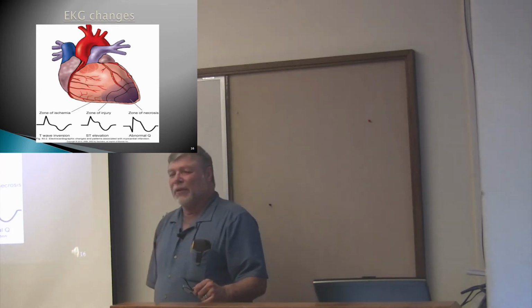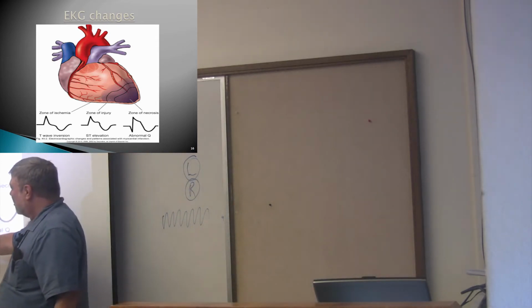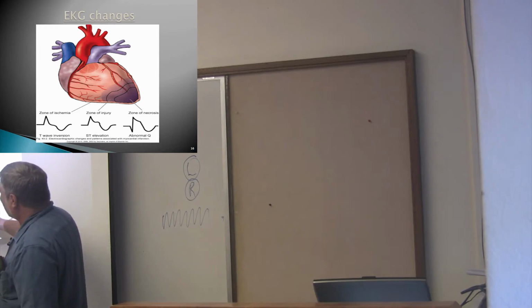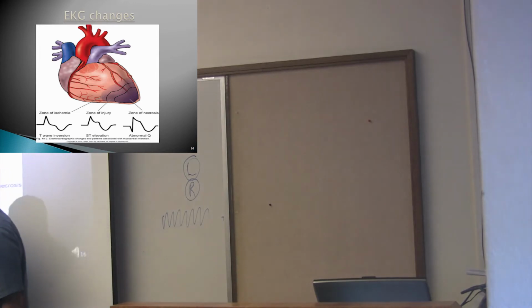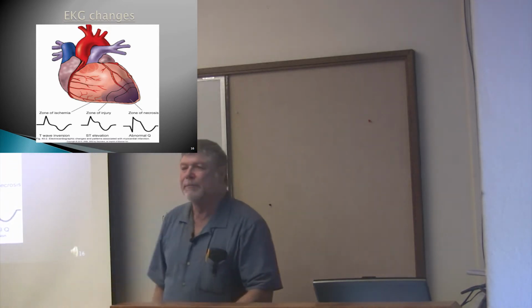Okay. So the thing about the ST segment, which should be, well, we don't have a normal one here. If you had a normal, you would have another segment here before that T wave.